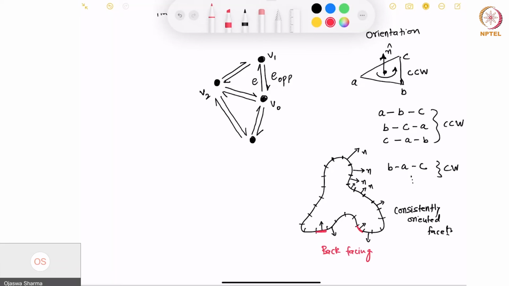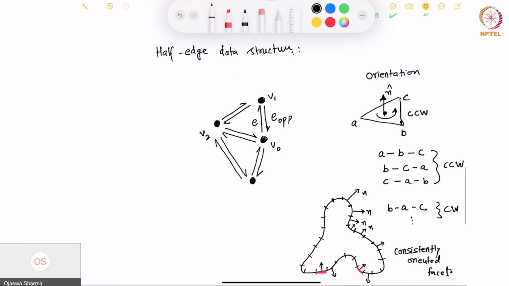For now, just take it that orientation is required. So if I come back to this data structure, my anti-clockwise orientation of facets is like this. And then you will notice that the edge E and its cyclic neighbors all form a clockwise orientation. Take the next half edge, which I'm drawing in red here.